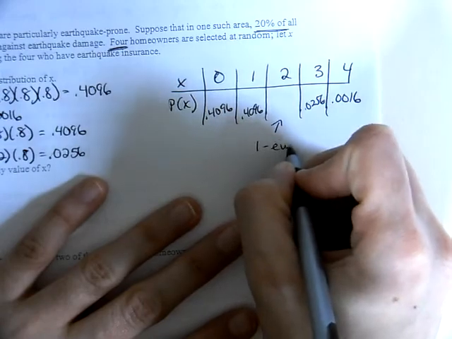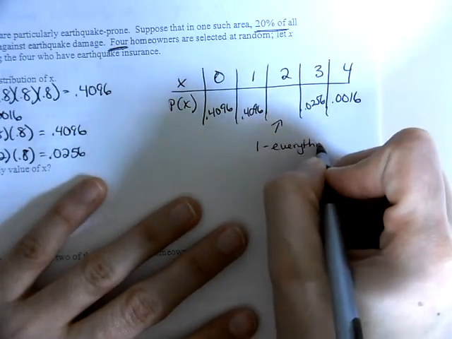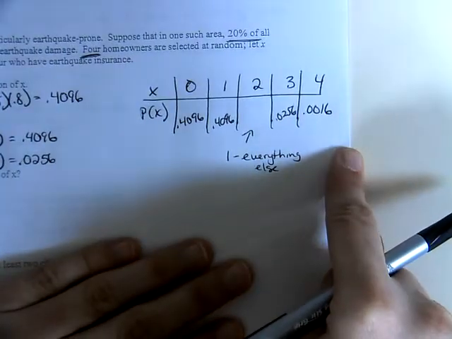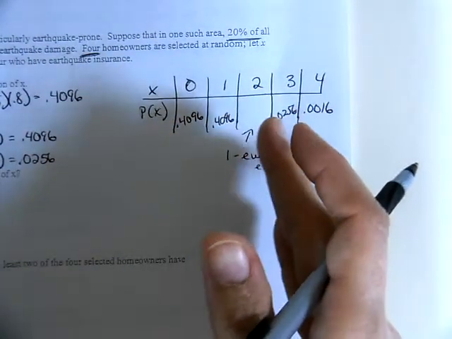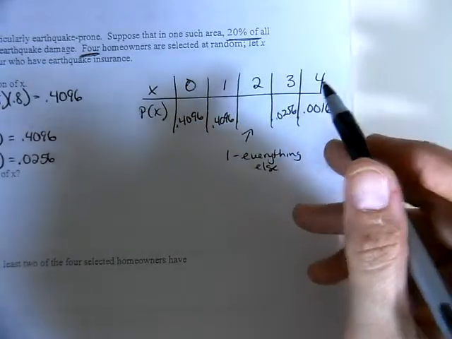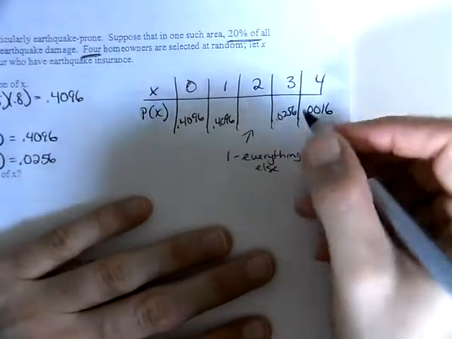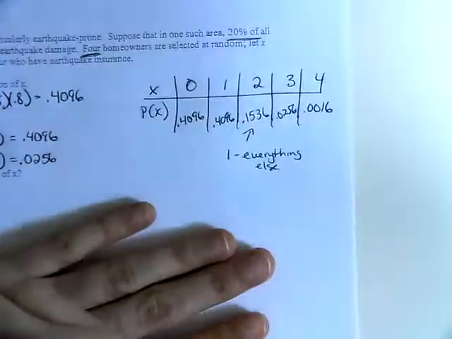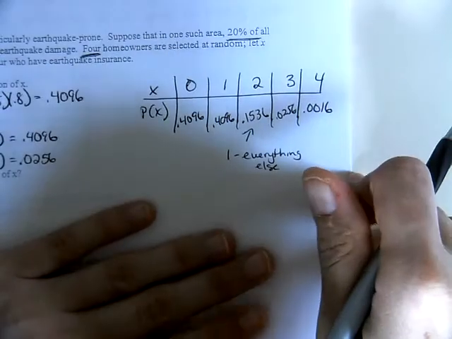I'm going to do 1 minus everything else, because I know that this whole table's got to add to 1. So if I strategically put the hardest one last, I can easily plug that one in. So when I do 1 minus everything else, I get 0.1536. So then there's my table.